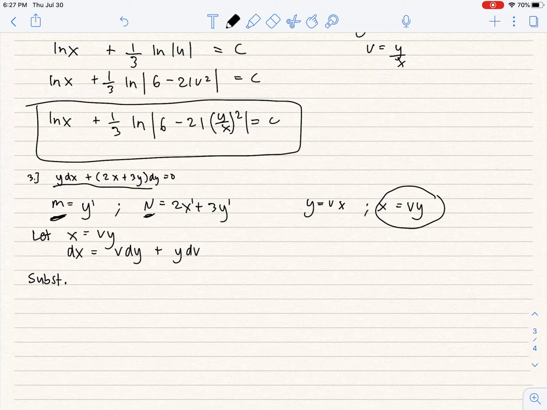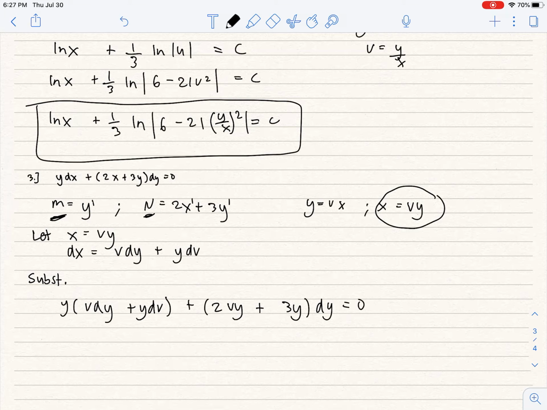So, let's start here. y as is, then dx is v dy plus y dv, plus 2x is vy, so therefore, x becomes vy plus 3y multiplied by dy is equal to 0.